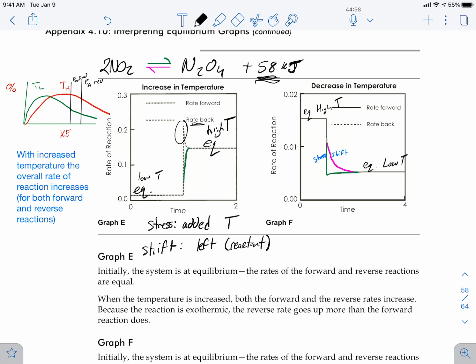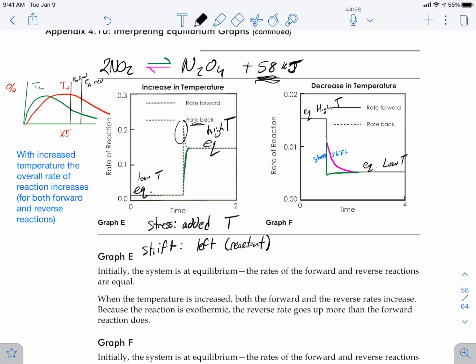It is always the side with, let's see, is it always the side? No, not really. I was thinking it might be the side with the energy on it that's the most affected. Is that kind of what we're seeing? But no, I don't think that really applies. So let's just say that now we are decreasing the temperature, so we have to shift to compensate.